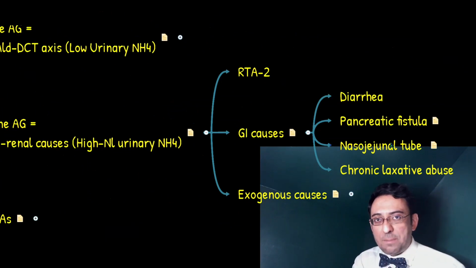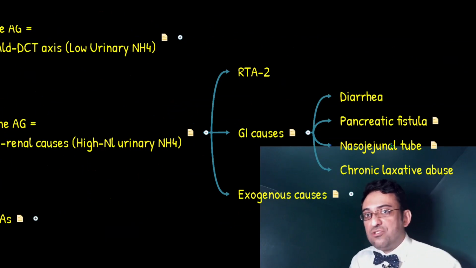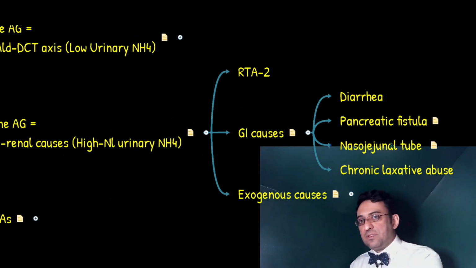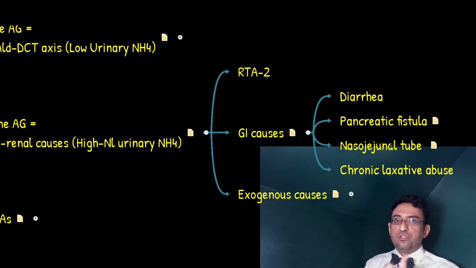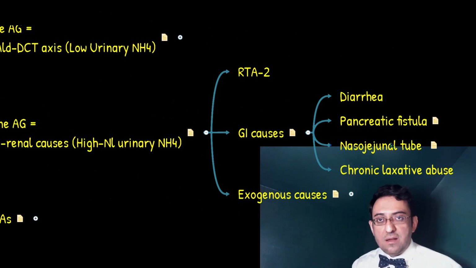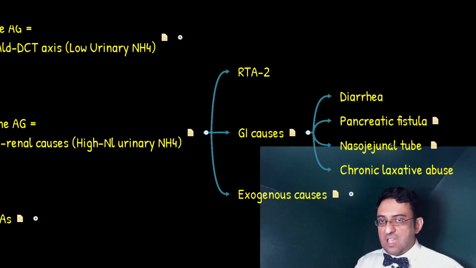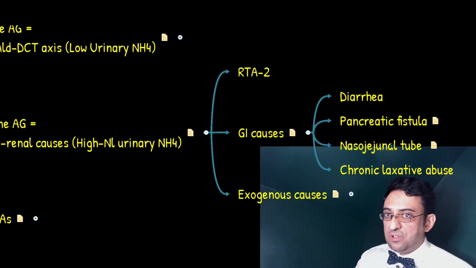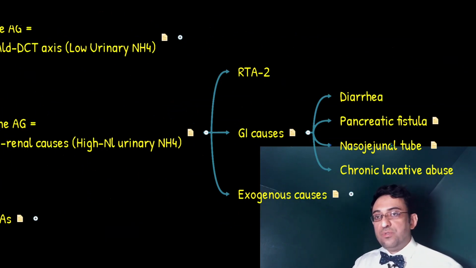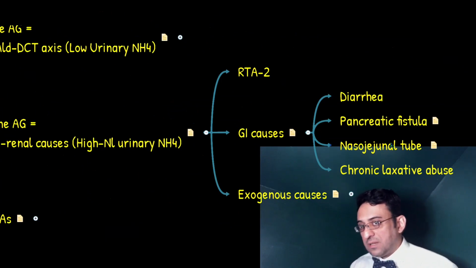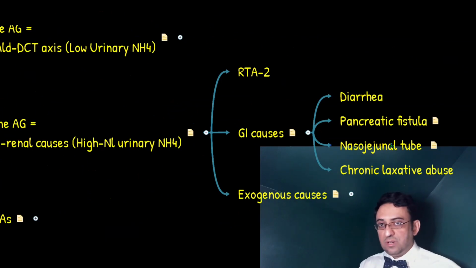This is what happens in diarrhea because the GI anion exchanger secretes bicarbonate and reabsorbs chloride. In diarrhea, it will be hyperfunctioning, and that's why we will have hyperchloremia. As you know, almost all the references refer to hyperchloremic metabolic acidosis as a term equivalent to non-anion-gap metabolic acidosis and renal tubular acidosis.